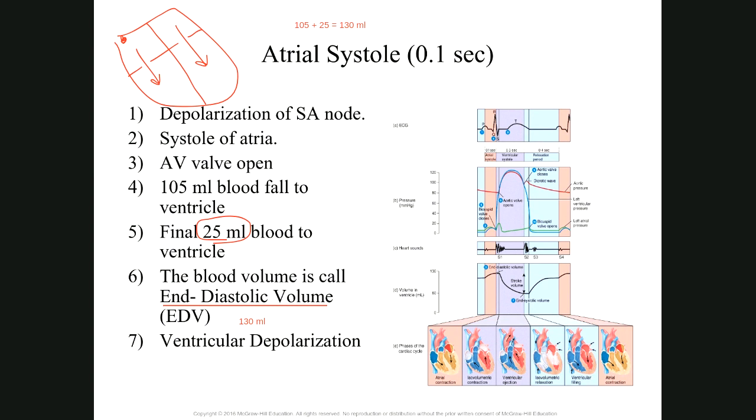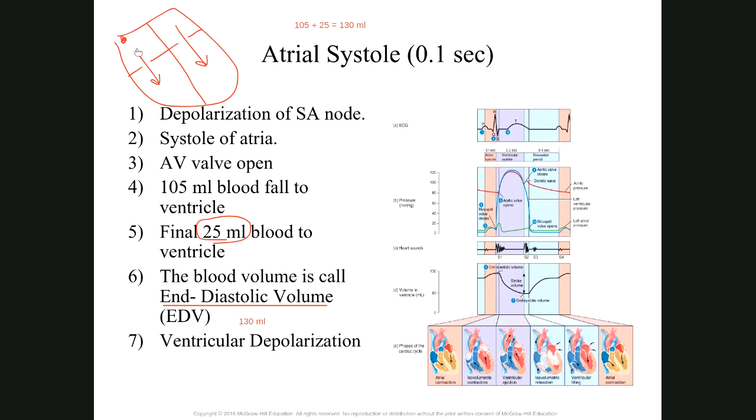After that, our ventricle starts going to depolarization. So during the atrial systole, which I will show you in pictures later, we have depolarization of the SA node. Then we have the systole of the atria, the contraction of the atria. You see that the amount of blood that can come down from the atria to the ventricle is 105 milliliters in each side.